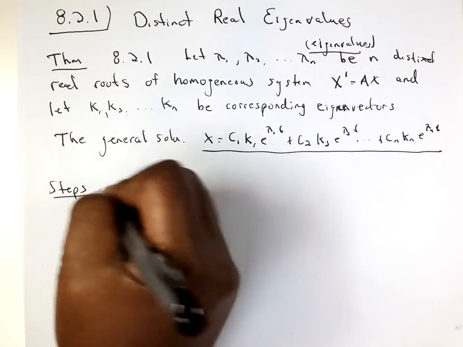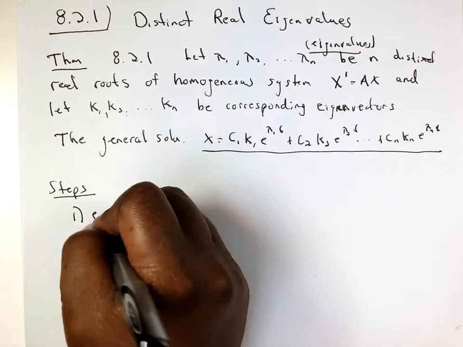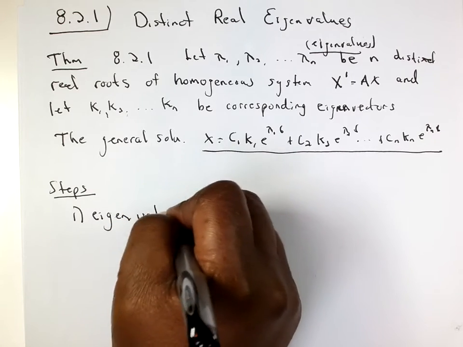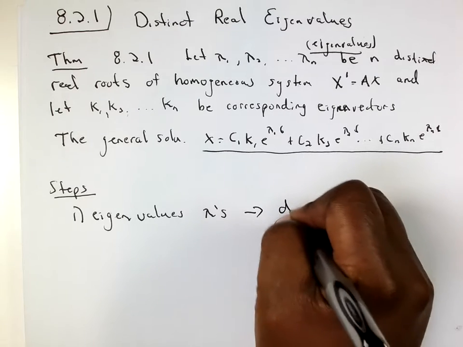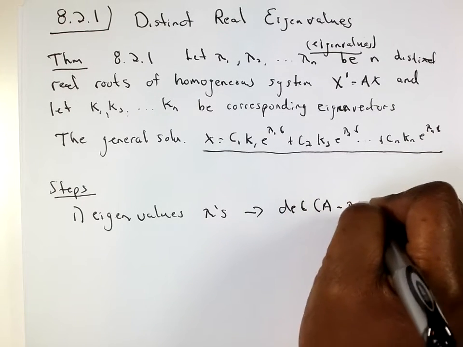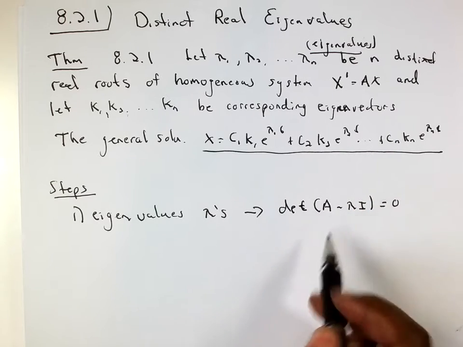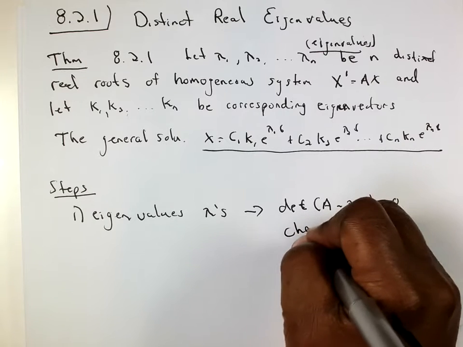So the steps in solving the system: one, we have to find the eigenvalues. We're going to do that by taking the determinant of A minus lambda I and setting that equal to 0, and then from there we'll get the characteristic equation.